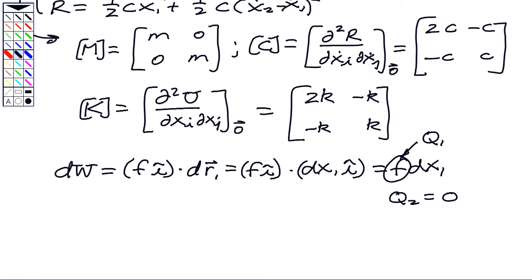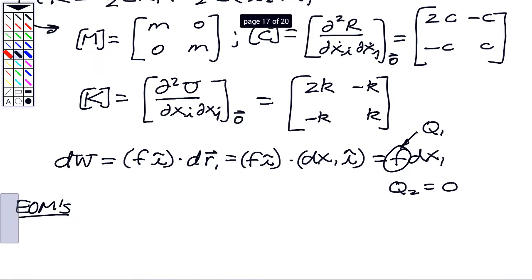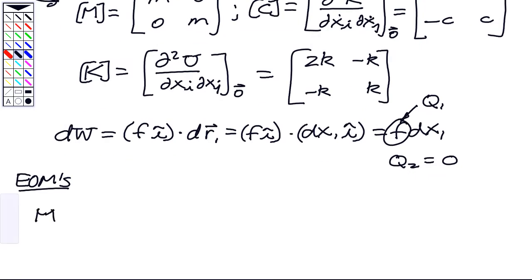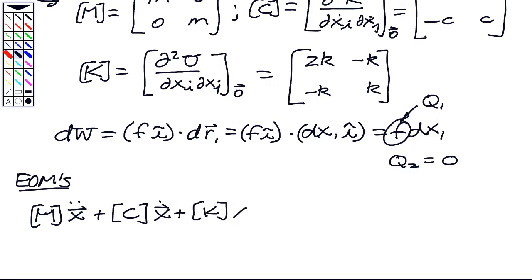From this, we know that we can write down our equations of motion. The equations of motion become M x double dot, where x is x1, x2 in a column vector, plus C times x dot plus K times x, where the right-hand side is F0, 0, times sine omega t.